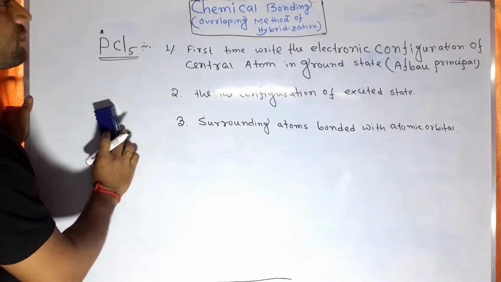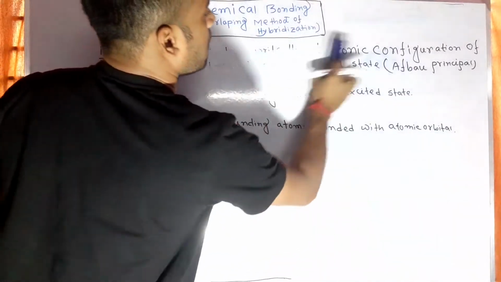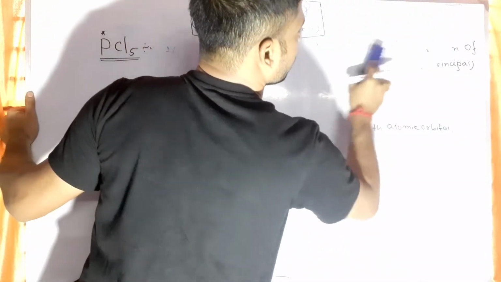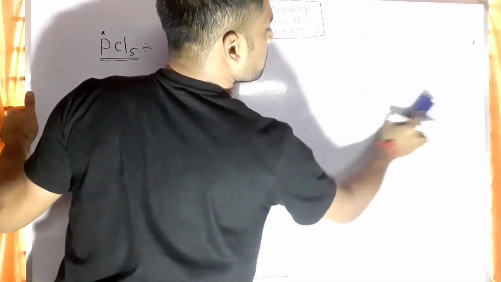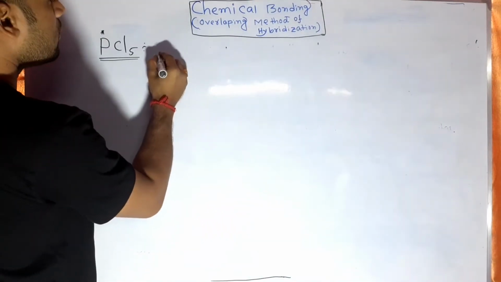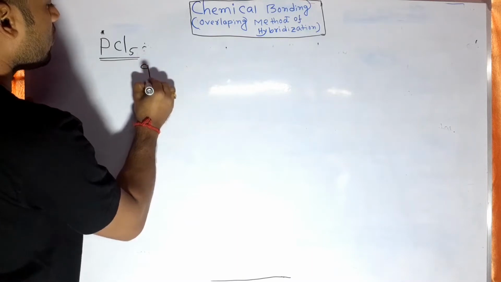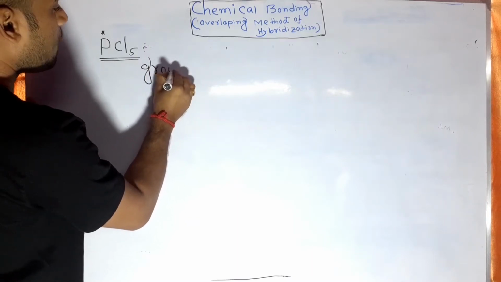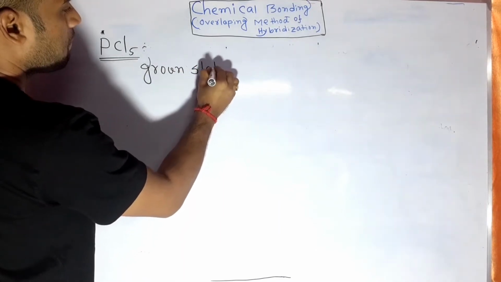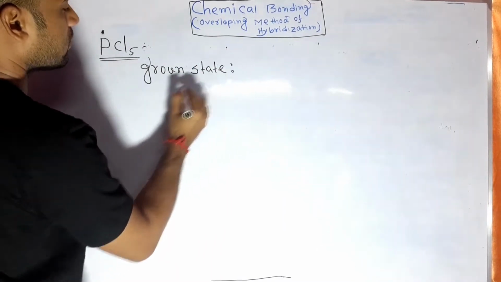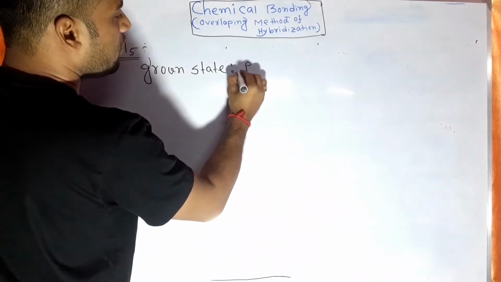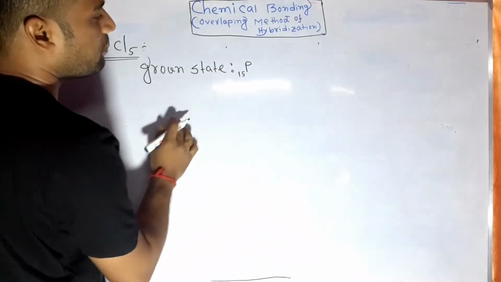First, the ground state configuration of the central atom. We know that the atomic number of phosphorus is 15.